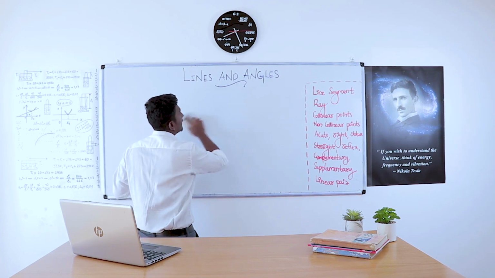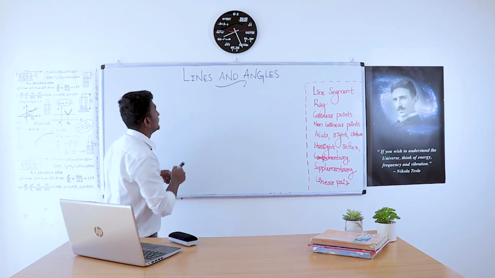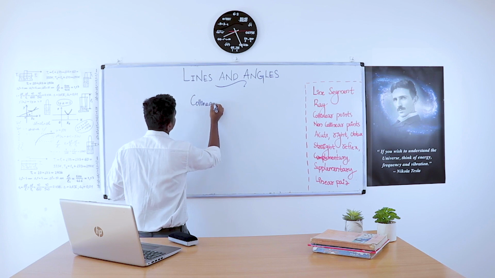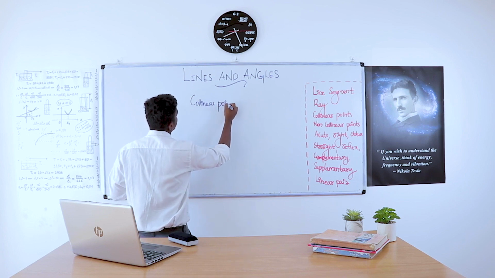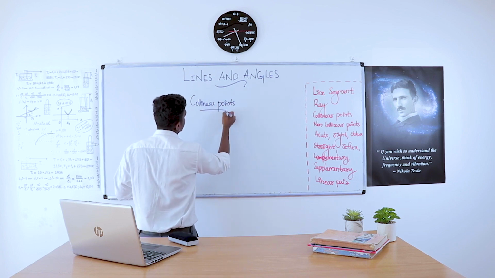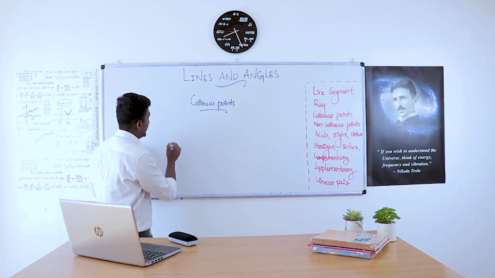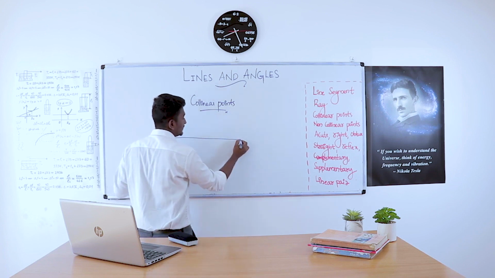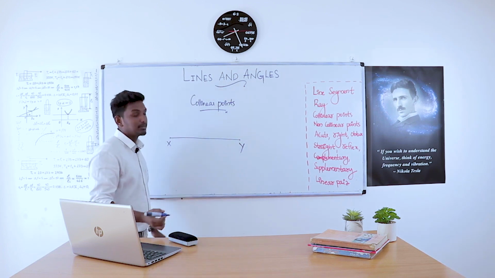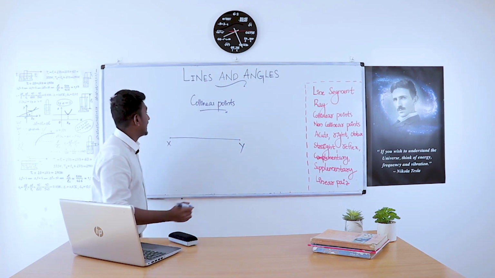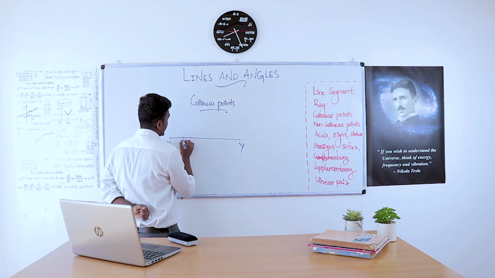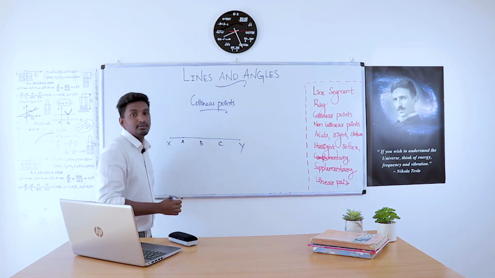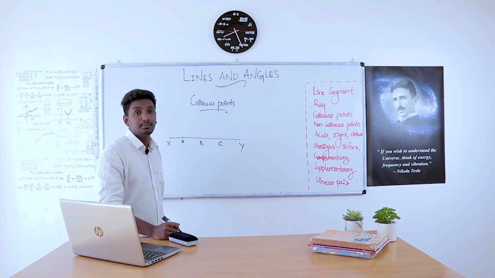The next term we have to define is: what do you mean by collinear points? When I am considering a line segment XY, this is our line segment XY, and I am considering 3 points A, B and C. What is the peculiarity of these 3 points?